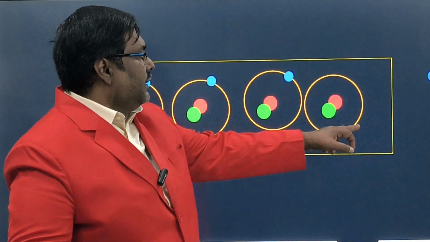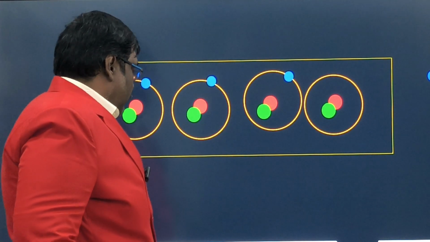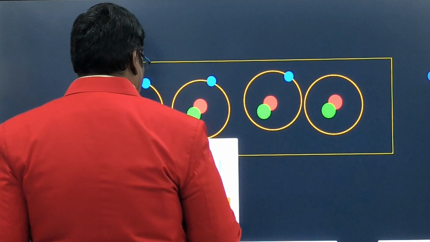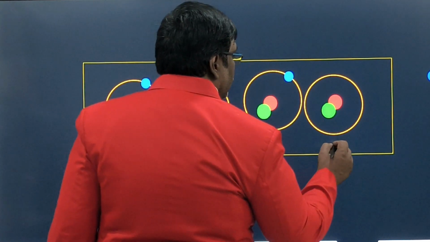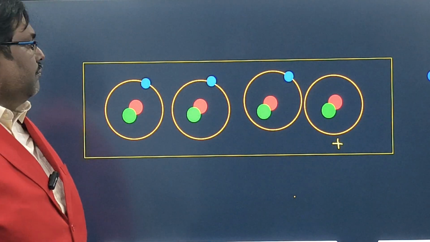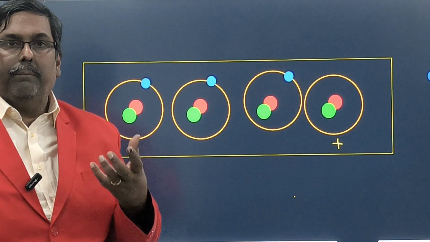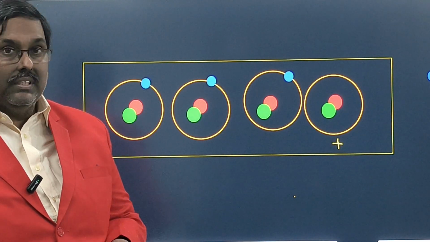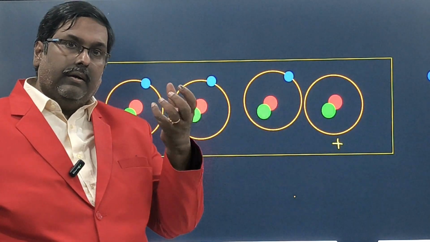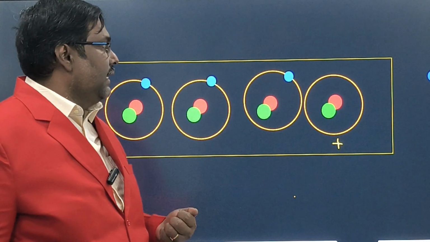This becomes positive, because one electron is gone. That atom becomes positively charged. Now it will try to get neutral, to reach equilibrium, the balance condition.